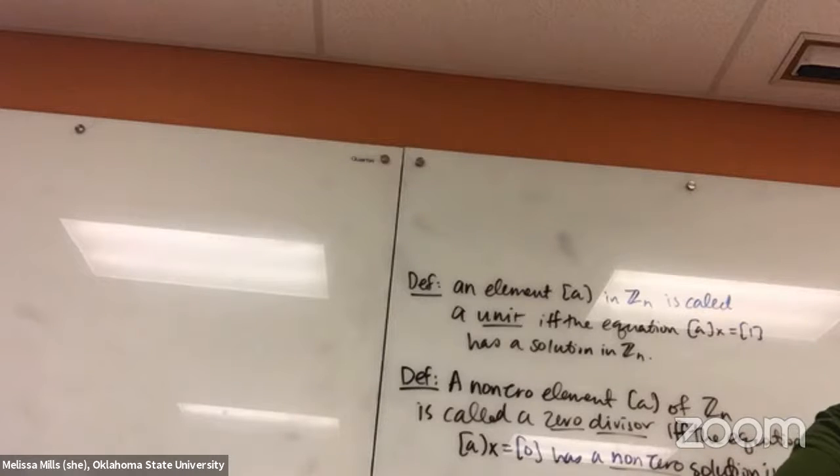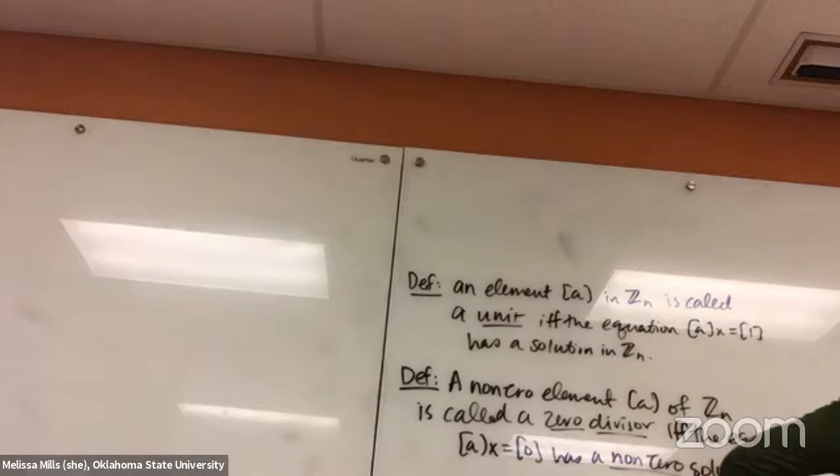Okay, so proof. We're just gonna assume all the stuff, right? We're gonna assume that A is not equal to 0 and AX equals B has no solutions in Z mod n.